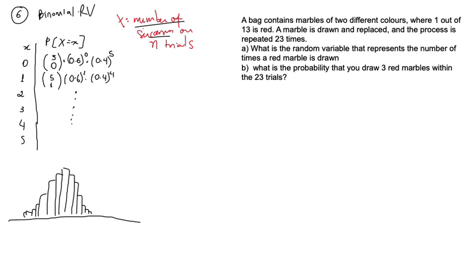This thing comes up so often that they created a special notation for this variable X, the number of successes on n trials.